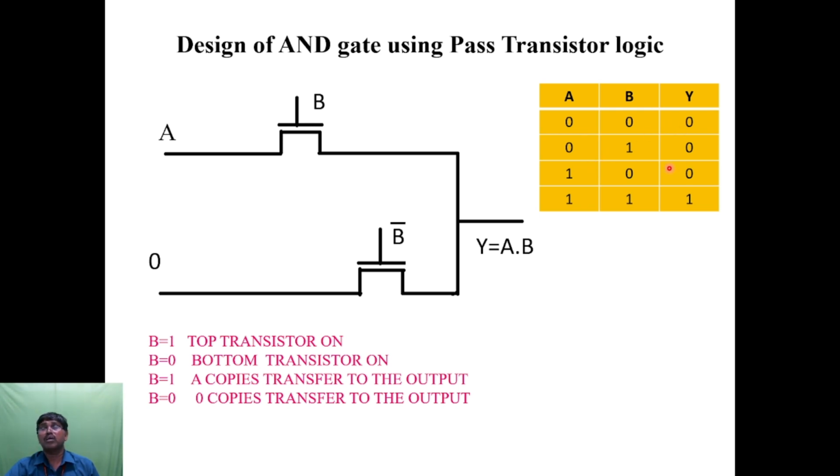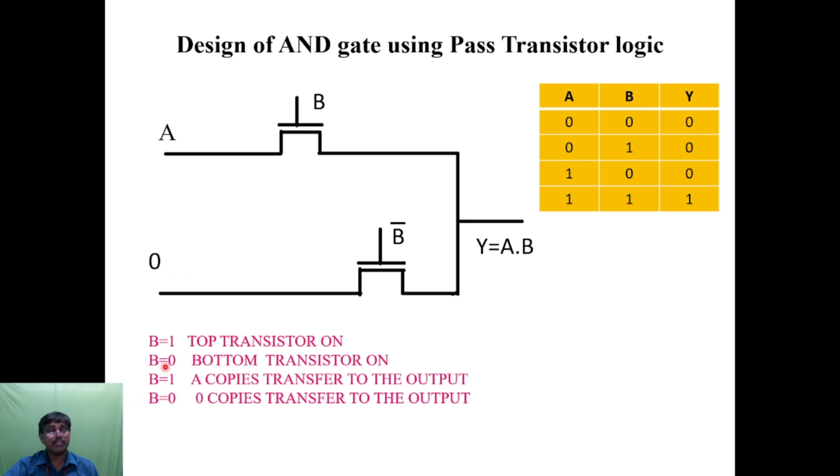So now we have to assign. B is the control input, and we have to assign it as B bar. B is equal to 0 means B bar. So when we assign B equal to 0, whatever the data input will be, it is transferred to the output.